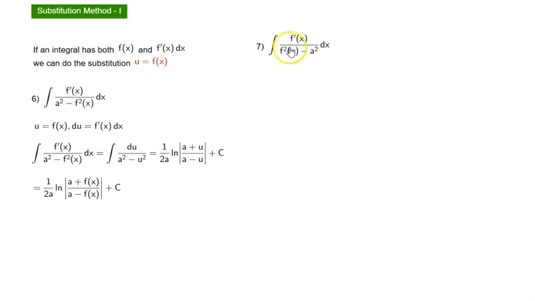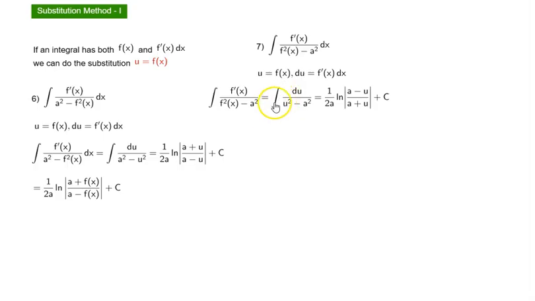Seventh one, integral of f prime of x dx divided by f square of x minus a square. So again, u is equal to f of x, du is equal to f prime of x dx. So after substitution, it becomes integral of du by u square minus a square, which is equal to 1 by 2a natural log of absolute value of a minus u by a plus u plus c.